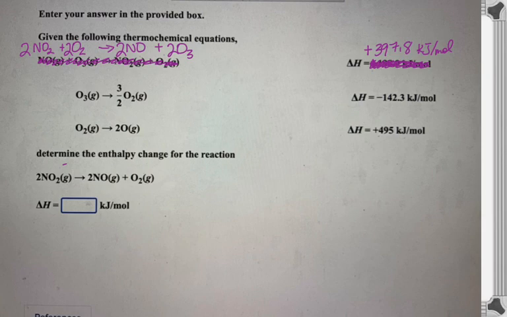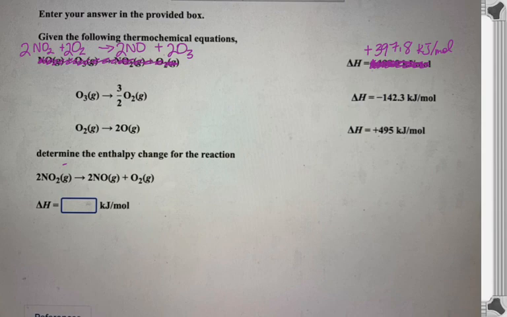What I see, the ozone is O3, okay? When I look up here, do I want O3 in my final equation? No, I don't want O3 in the final equation at all. So I know that I've got to get the O3s to cancel.